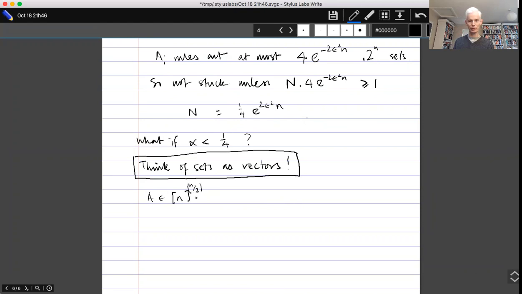A rather nice way of converting a set into a vector is to associate with the set the function f_A, defined as follows. I better just be strict about this. Let's say what its domain is.